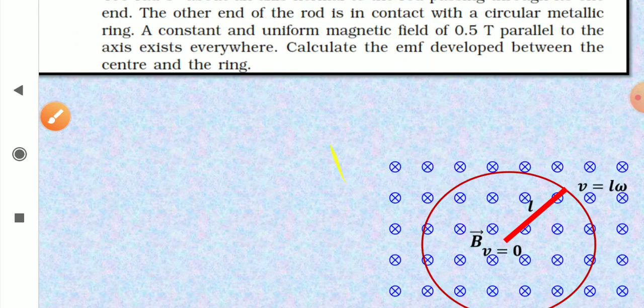You have done a similar derivation here. So according to this question, we have a rod of length L. Its center is fixed and a magnetic field exists normal to the plane of this ring, and this end is rotated on this metallic ring with angular frequency omega.